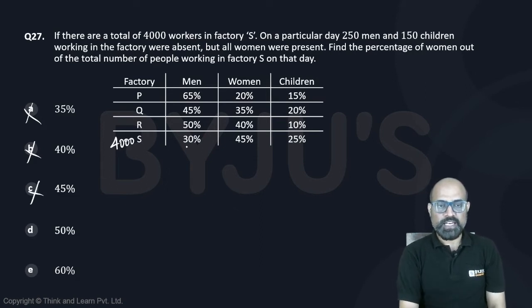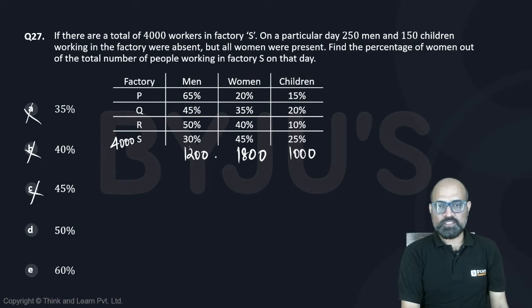So if we calculate 30% of 4000, which is going to be 1200, and if we calculate the children component, which is going to be 25%, which is 1000, and the remaining is going to be women, 1800.